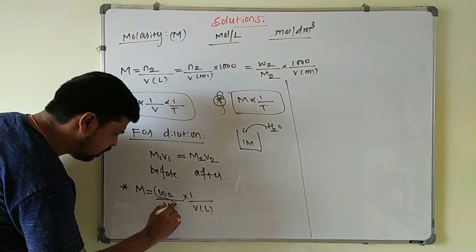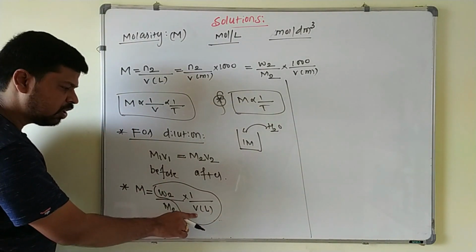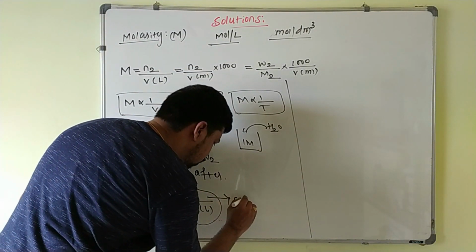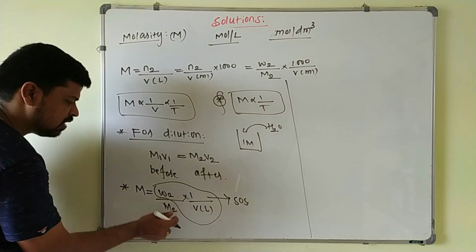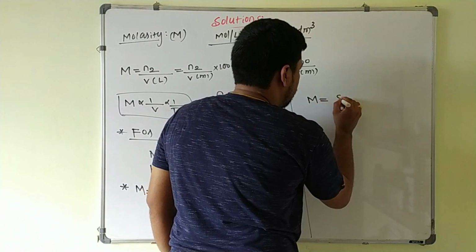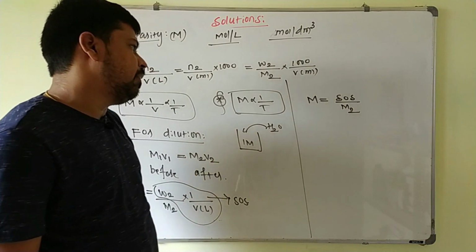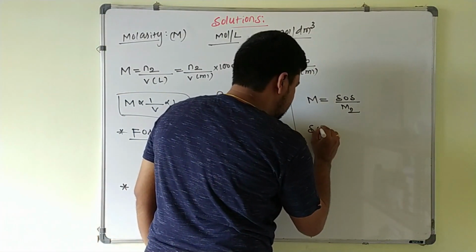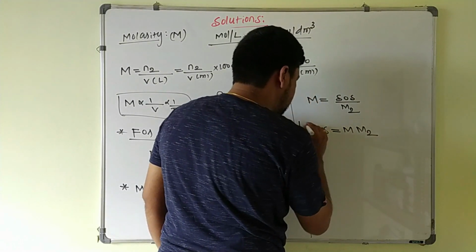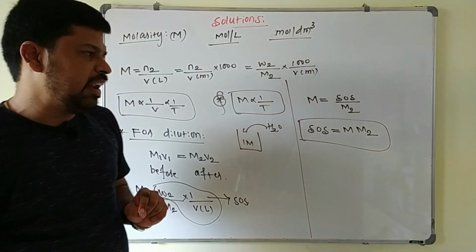Already we know this term W2 divided by volume in liter is called the strength of the solution, the mass of the solute present in a liter of the solution. This term is replaced by strength of the solution, so I can write molarity is equal to strength of solution divided by molar mass of the solute, M2. So strength of the solution is equal to molarity into molar mass of the solute. This is the relation between strength of solution and molarity.